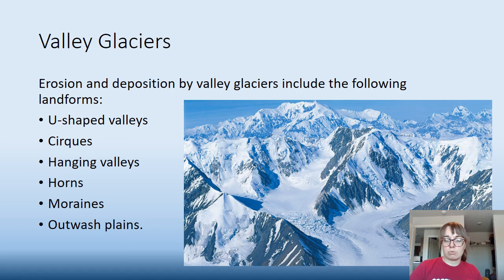For example, cirques and horns are examples of really pointy mountaintops. We also get some moraine deposition and outwash plains with valley glaciers as well. But the most important one that I want you guys to know is a U-shaped valley. So valley glaciers create a U-shaped valley through that erosion process.